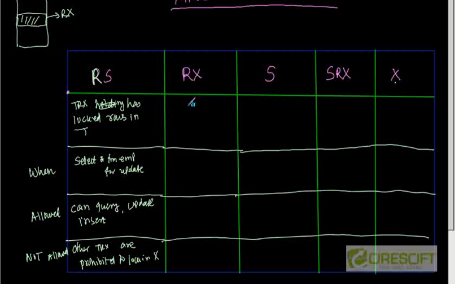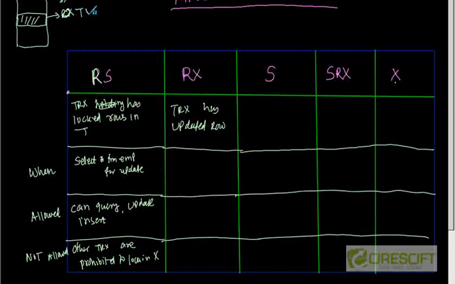Then your RX lock indicates that a transaction holding this RX lock has already updated a couple of rows. Here there was an intention to update, but here the transaction has updated rows. Whenever the transaction has updated a row, we put an RX lock.